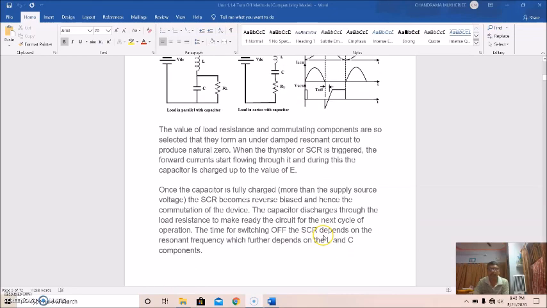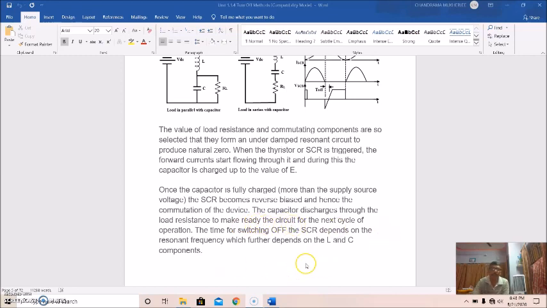Once the capacitor is fully charged, above the supply source voltage, the SCR becomes reverse biased, and hence commutation of the device happens. The capacitor then discharges through the load resistance to make the circuit ready for the next cycle of operation.